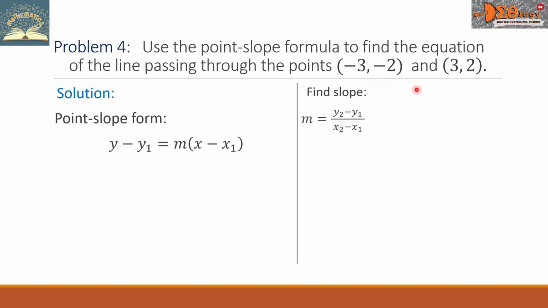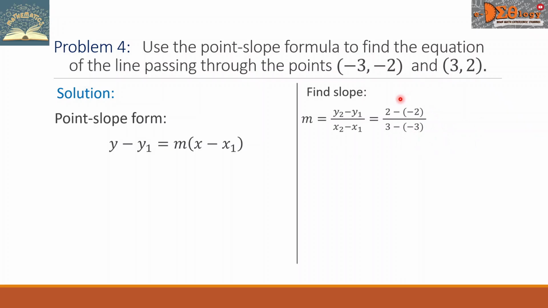So what we'll do, we will find the slope using this formula. We can consider the first point to be the p sub 1 and the second point here is the p sub 2. We substitute the values respectively. y sub 2 is 2 minus the y sub 1, that is -2, all over x sub 2 is 3 minus x sub 1, that is -3.